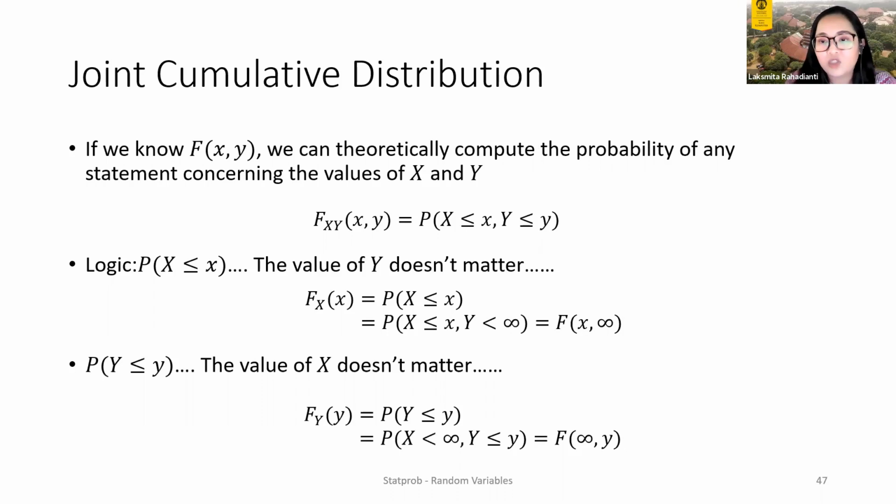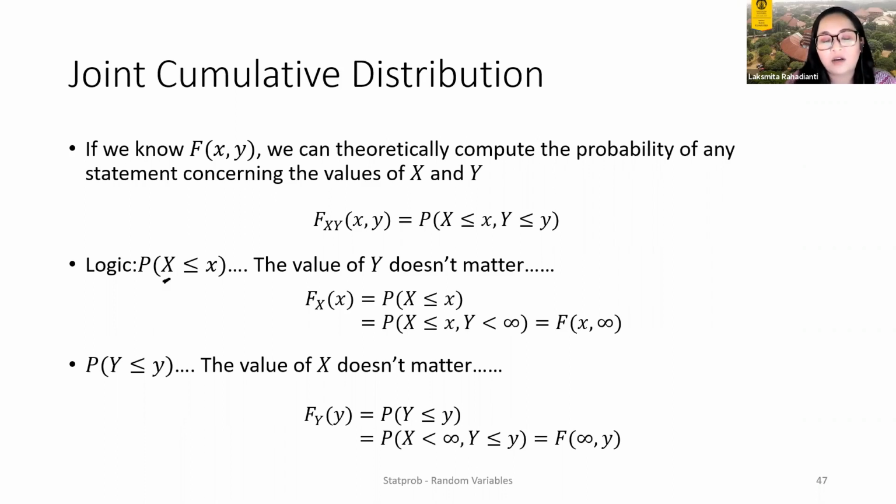And thus, if I know the joint CDF, then my logic is, if I want to compute a singular CDF of X, for example, I don't care about the value of Y. And thus, when I want to compute the probability of X only, I don't need to put a limit on Y. And the other way around, when I'm trying to compute the probability of Y only, I don't need to limit X, because I don't care what the value of X is.